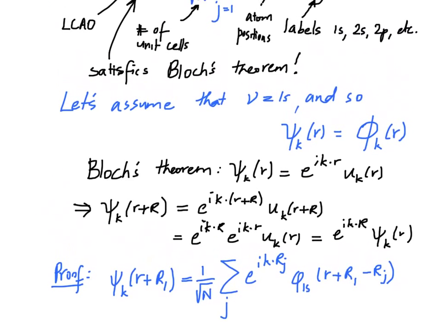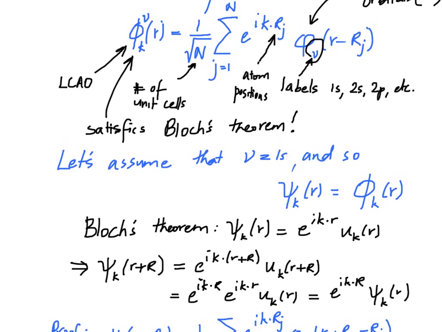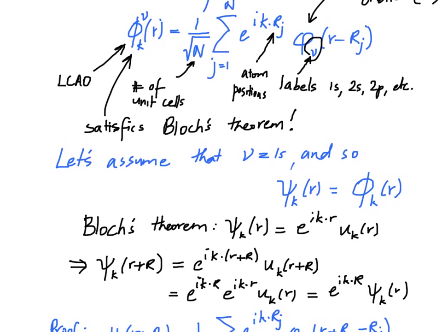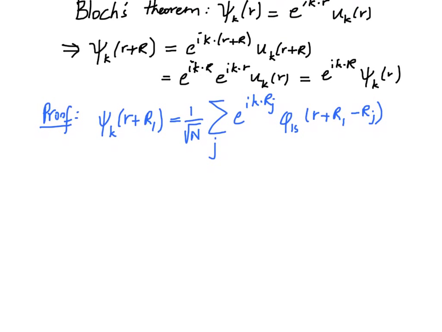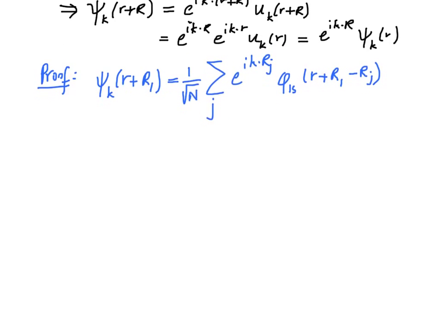If you go back a little bit further, we realize that our phi k of r is equal to 1 over square root of n times that particular summation, where small phi on the right side is nothing but our atomic orbital, in this particular case the 1s orbital. So that is our phi k, and so we have written down the first line of our proof.